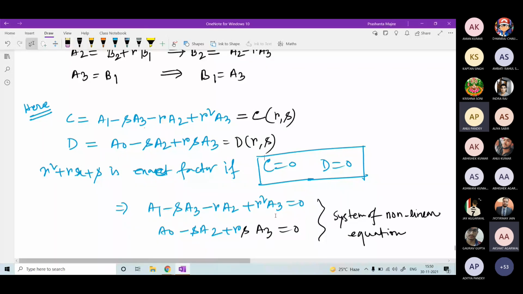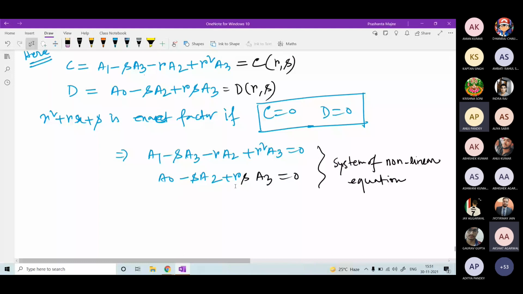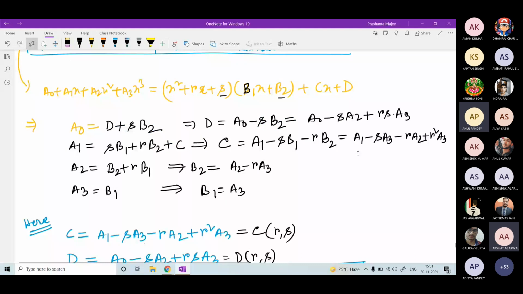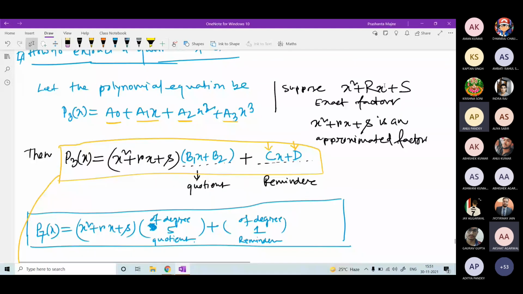Now, what is capital C of capital R comma capital S? What is that value? If you start with the exact factor instead of the approximated factor, what will be the remainder? 0.